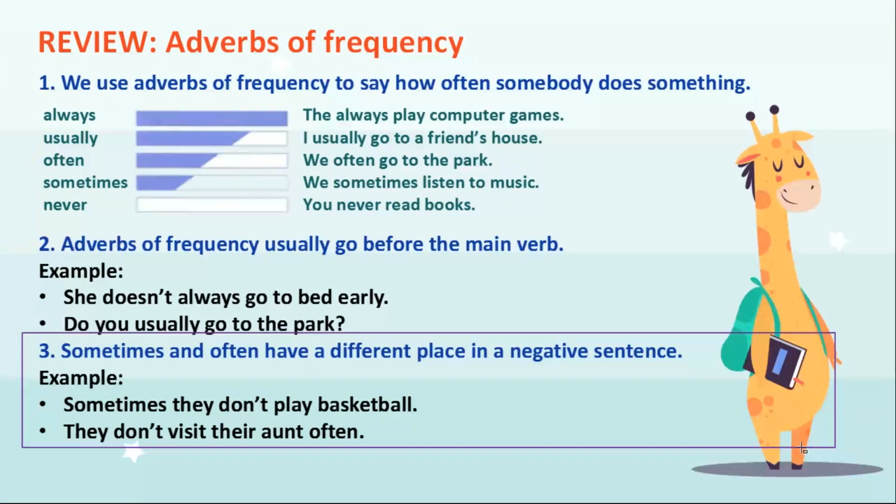They don't visit their aunt often. Okay. So sometimes and often have a different place in negative sentence. So you can see them not before the main verb because the verb here is play.